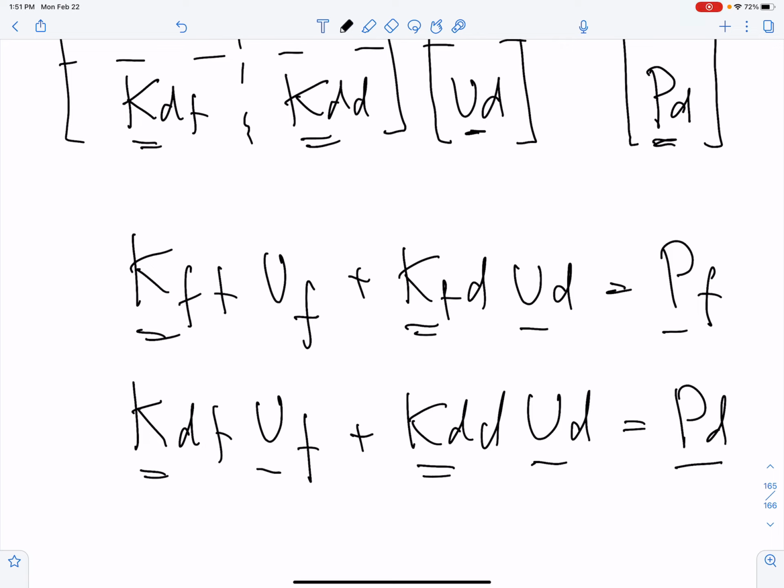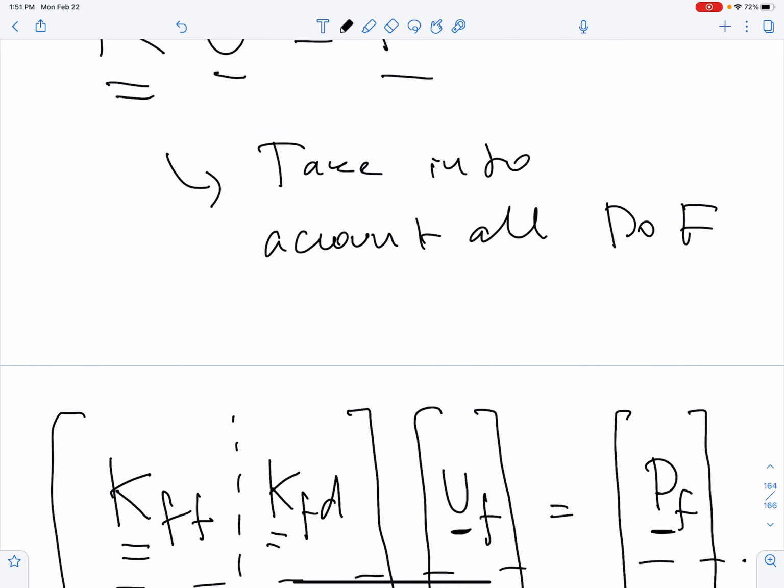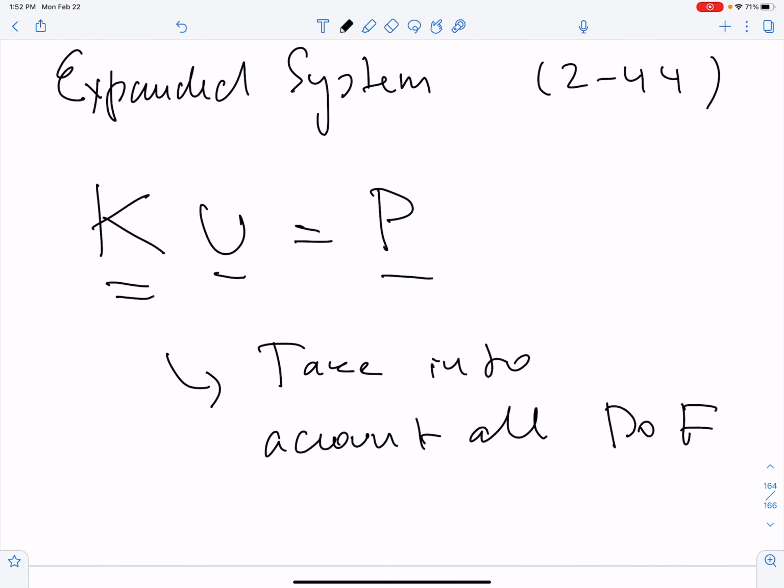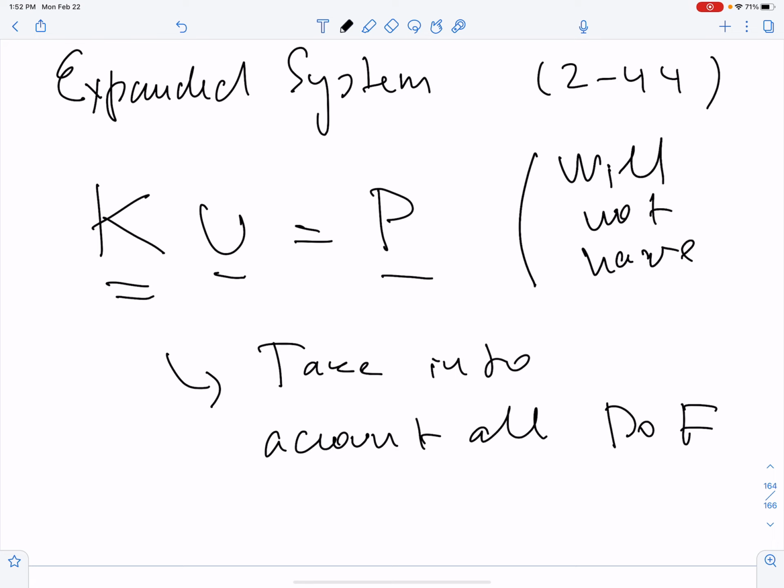Right. And then, if you look at the expanded system, at that point you have not incorporated any of the boundary conditions. And so if you look at a system like this, it will not have a solution, as you would expect, of the form K inverse P, because part of U is UD.